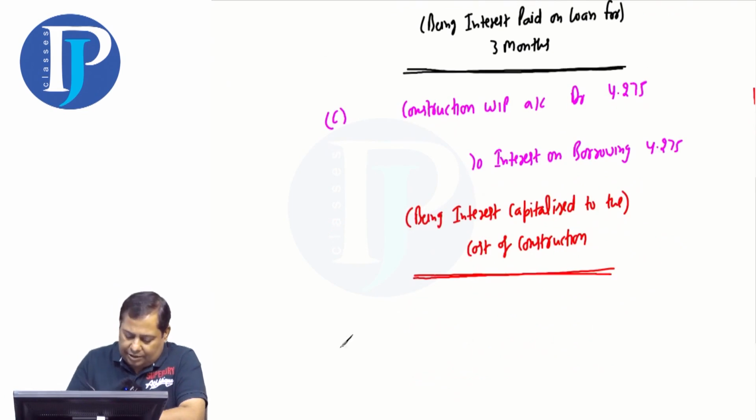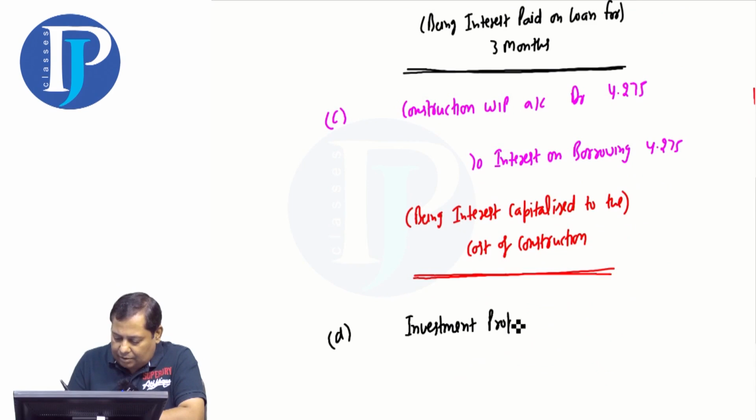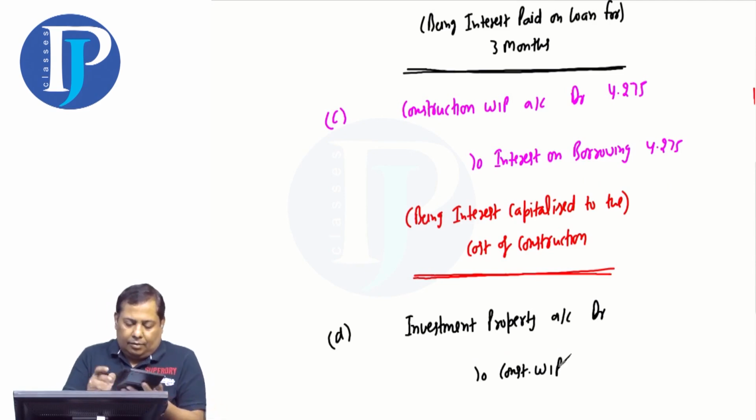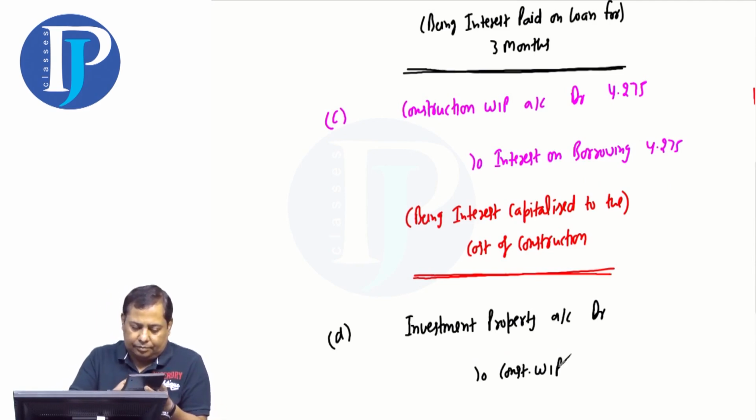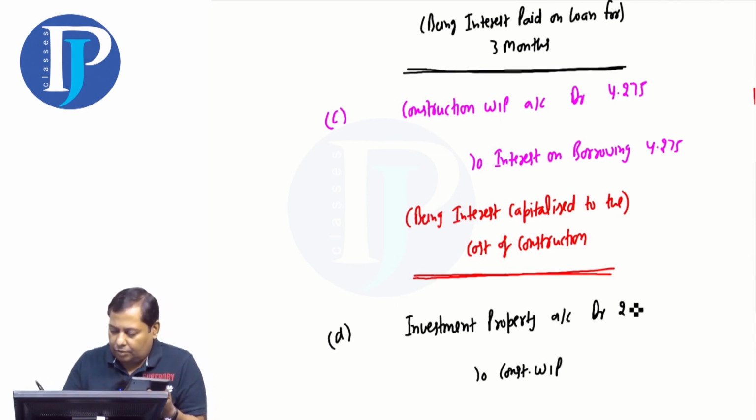Now let's move to point T. An entry should be passed. Investment property account debit to construction WIP, $210.275.